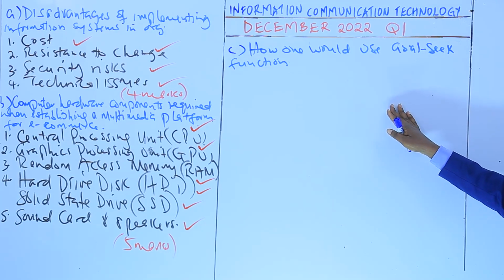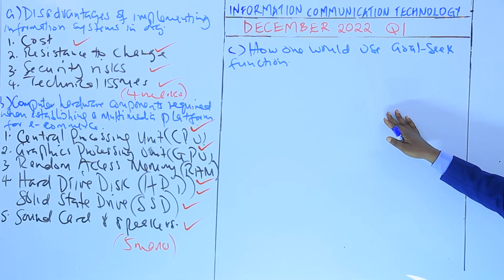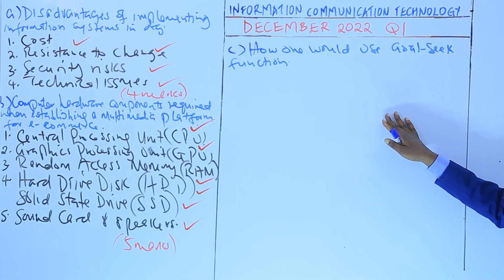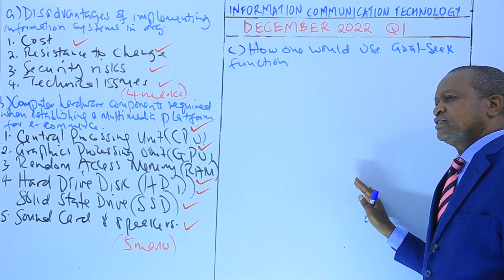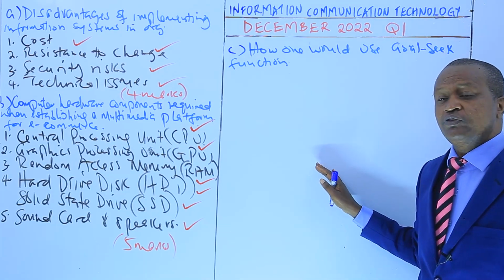So that is an example of, the question says, explain, using an example, how one would use goal-seek function in a business. And that is how one would use goal-seek function. I've given you an example of where a business would want to achieve a certain profit, but it does not know the number of units to produce.